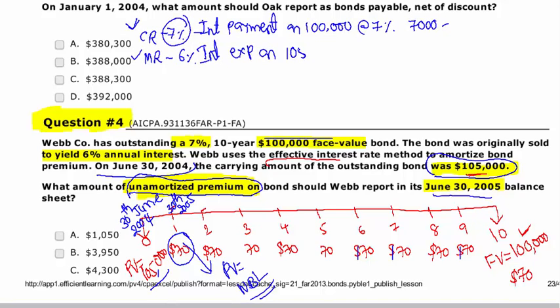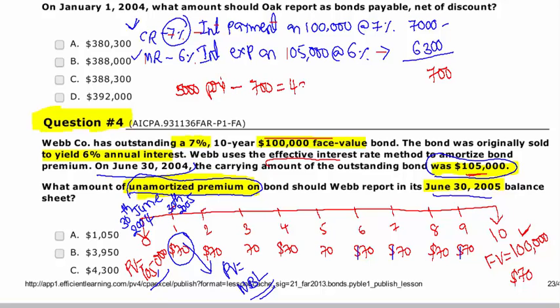That is 105,000 at the rate of 6%. 105 into 6 is 6,300. So what is the difference? The difference is 700. What is your previous premium? The premium is 5,000. You deduct this 700 from the premium and you get the net premium of 4,300.